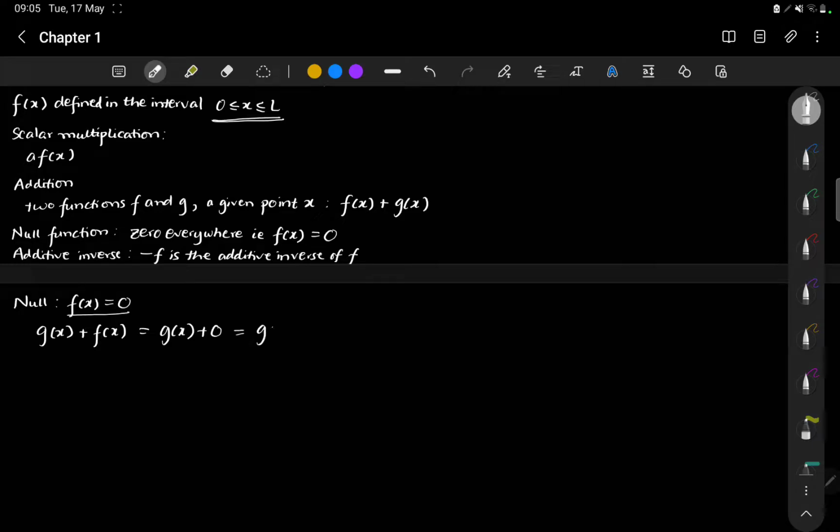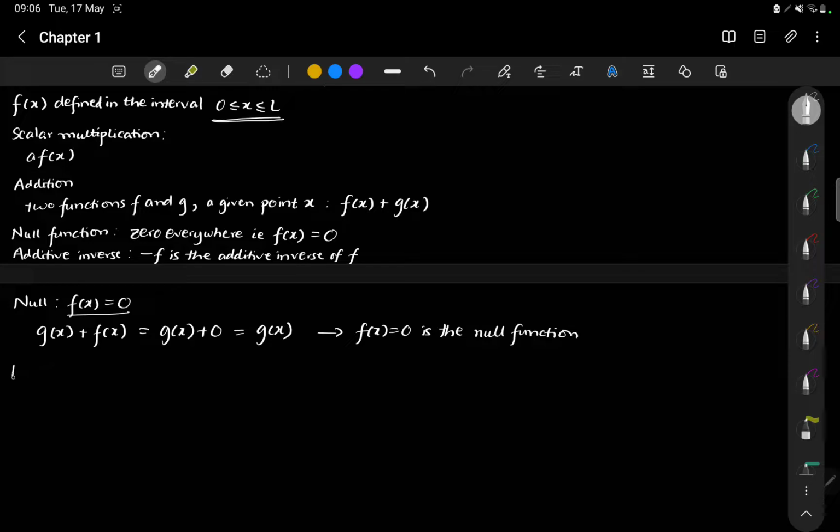So this is g of x, because adding 0 to something gives us that number itself. So this means that f(x) equal to 0 is the null function. And from the uniqueness of the null vector, we know that if we have found one null vector, then that indeed is the unique null vector.